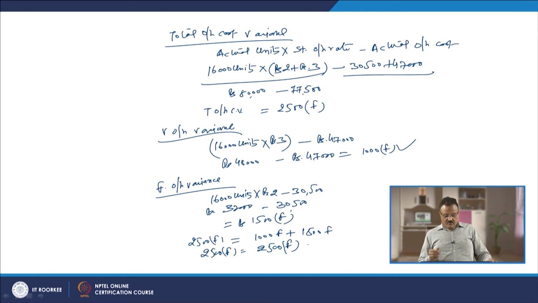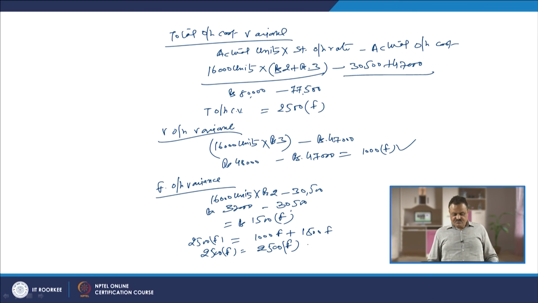So, we are able to find out this information and analyze these variances. Our standard cost was 80,000 as the total overhead cost, but we have been able to keep it under control, and the total actual overhead cost is somewhere 77,500.